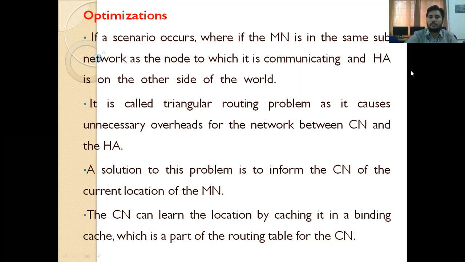So what is the solution? To inform the correspondent node of the current location of the mobile node, that is the care of address. The correspondent node can learn the location by caching it in a binding cache, which is a part of the routing table for the correspondent node.